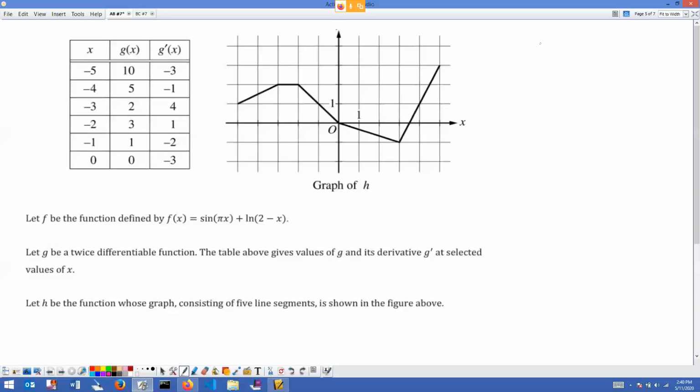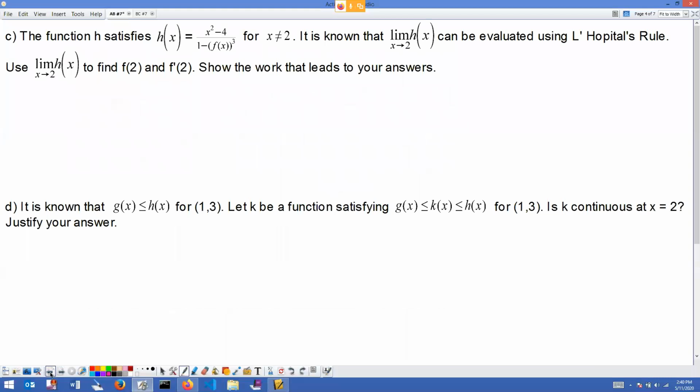We know that it can be evaluated using L'Hopital's rule, which means that it's either 0 over 0 or infinity over infinity for the numerator and the denominator there. And so if we look for what's the limit as x approaches 2 of h of x, well, we can just plug in 2, which should give us 4 minus 4 over 1 minus f of 2 cubed.